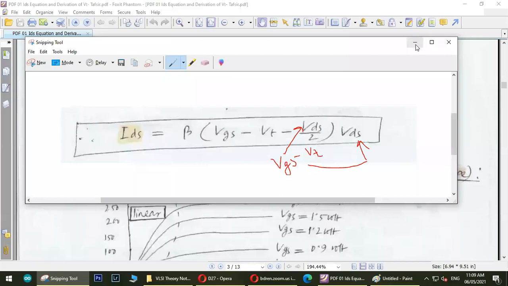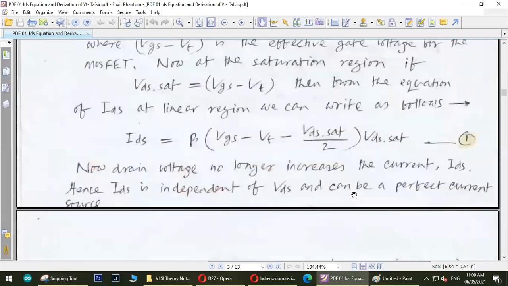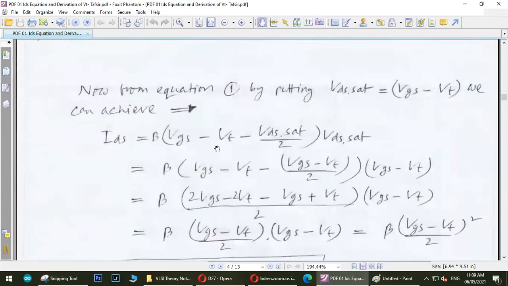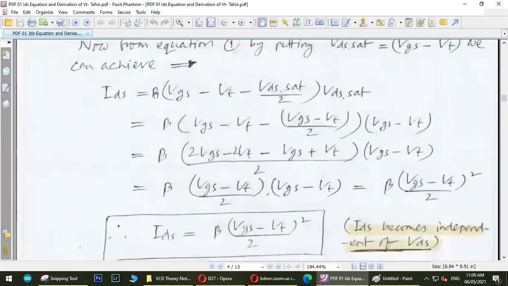In both cases, we will put VGS minus VT. If we put that, this is your equation. Now, IDS is equal to beta times VGS minus VT minus VDS set divided by 2, into VDS set. In place of VDS set, we will place VGS minus VT.